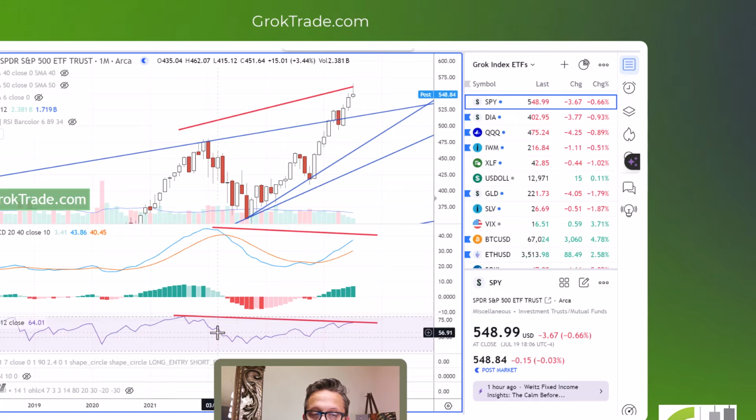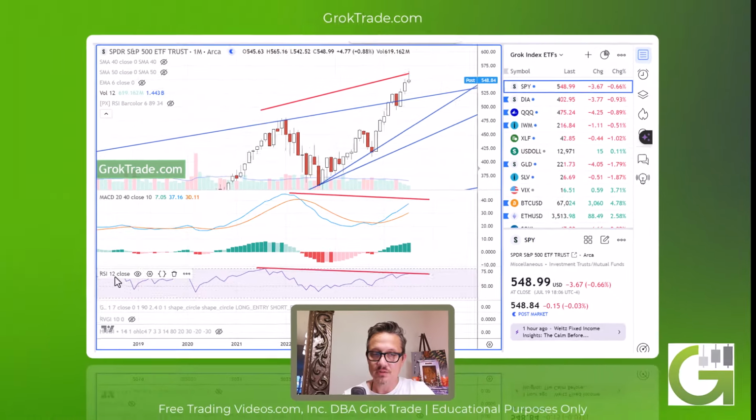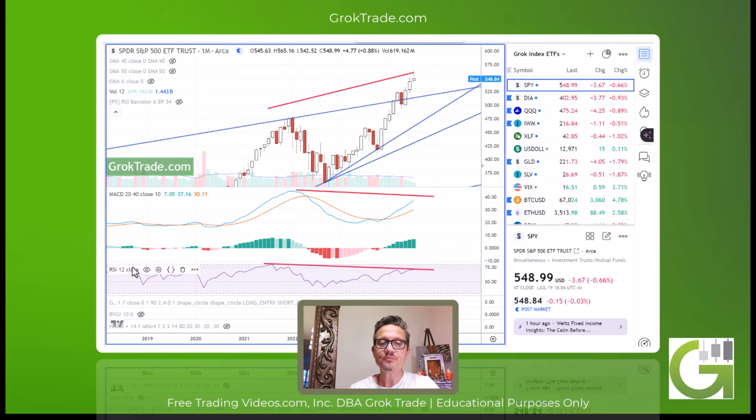Furthermore, the RSI, relative strength indicator, I'm using a 12 filter, and you'll see that these highs are lower on the RSI compared to what we're seeing here. Those are called bearish divergences. Those bearish divergences usually mean that the markets should, in fact, drop. Okay, so that's the monthly.